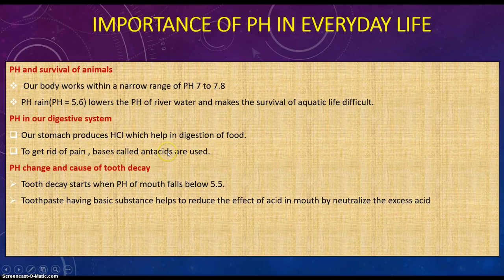They contain basic substances which can neutralize the effect of the acid that is produced in excess in your body, and by means of which you get relief from that suffering.